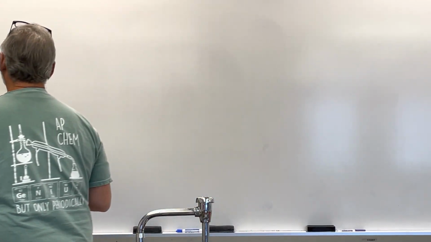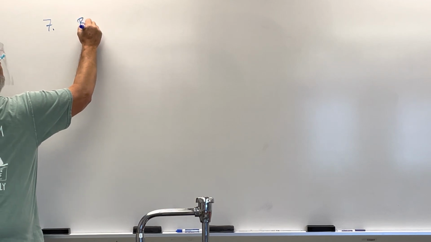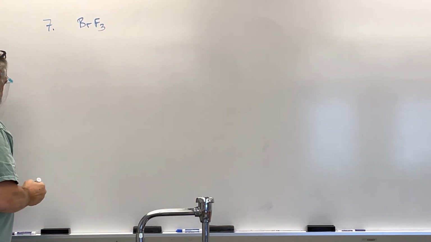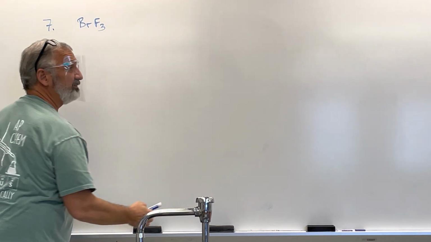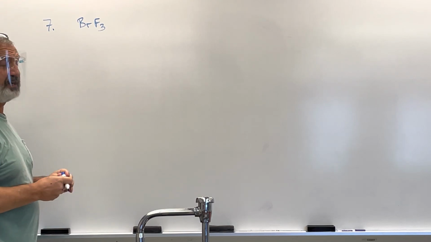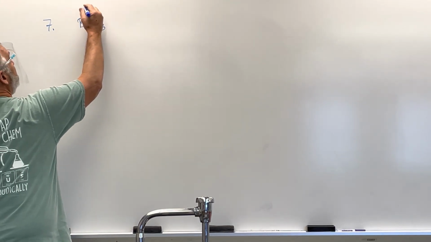All right, so what's number 7? BrF3. It's critical that we draw the correct Lewis dot structure because everything else is based upon that. So the first thing we do is count the total number of electrons. Bromine and fluorine both have 7, so it's 7 times 4, there are 28 electrons.